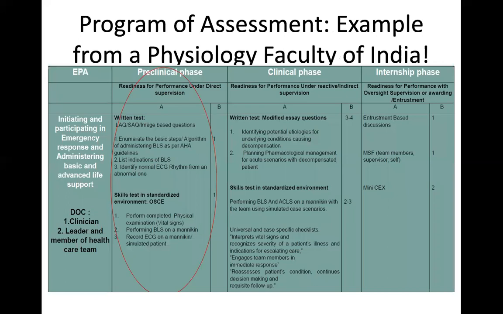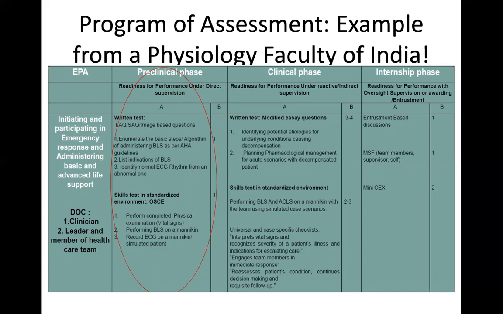This is an example of once we have defined the EPA, then we also need to work on the program of assessment. And this is an example from a colleague, a physiology faculty from India. She has devised her EPA in 3 different phases. The preclinical phase is basic science, then the clinical phase, and the intensive phase.